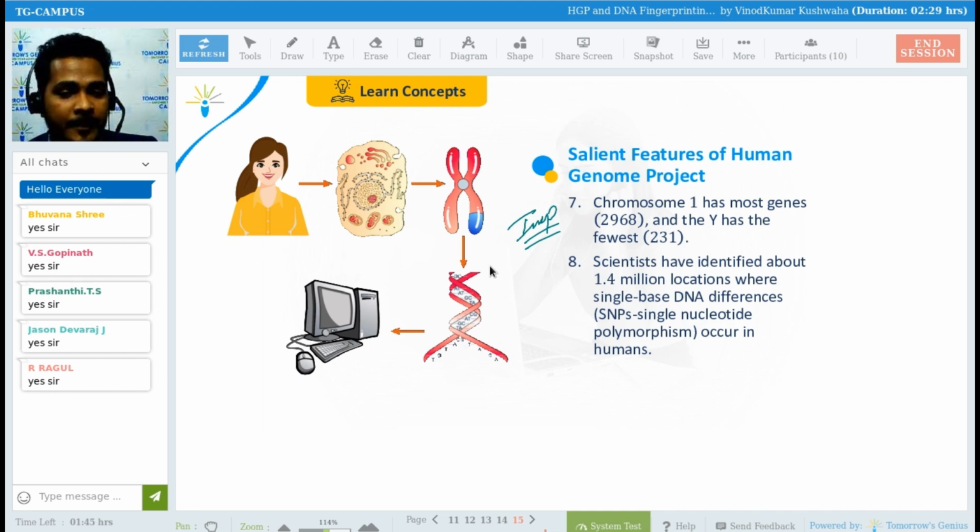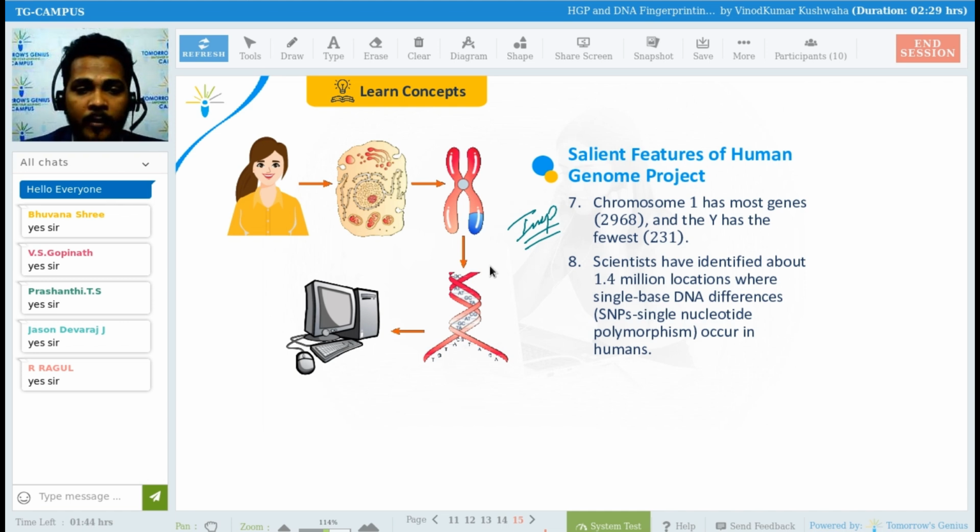The largest gene of the human body is called Duchenne muscular dystrophy, which is present on the X chromosome. That is the largest in the sense of big and small size. I'm talking about the size. Clear?